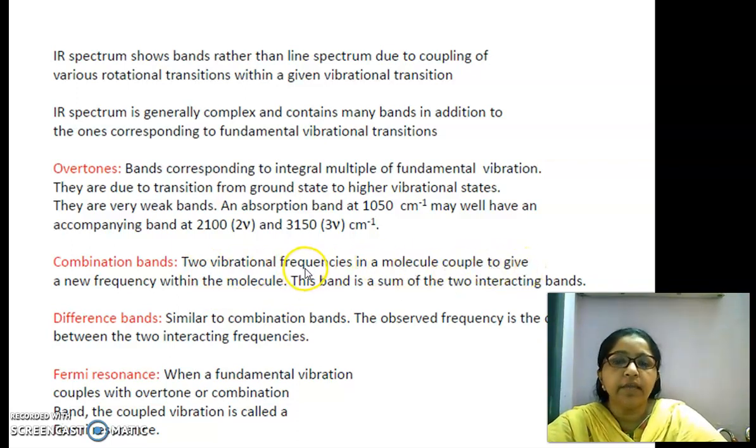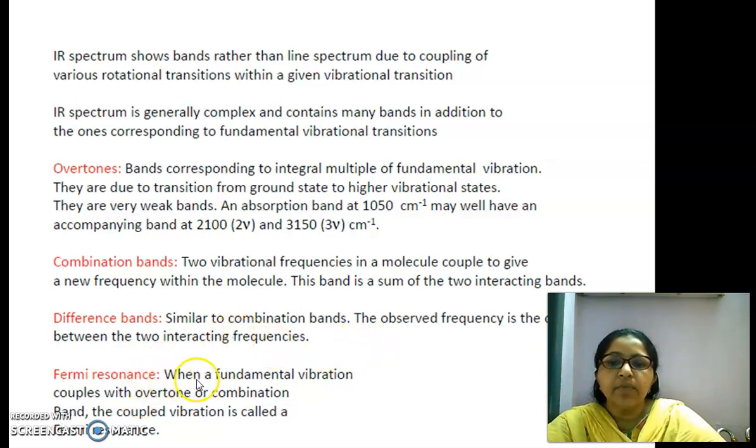If they are nearby, definitely, they will couple to give a new frequency within the molecule. This band is a sum of two interacting bands. Difference band is similar to the combination band. The observed frequency is the difference between the two interacting frequencies, meaning there can be both an addition as well as a subtraction. So this is the difference band.